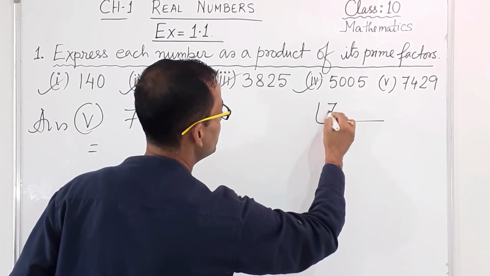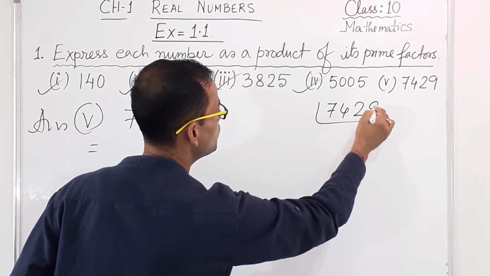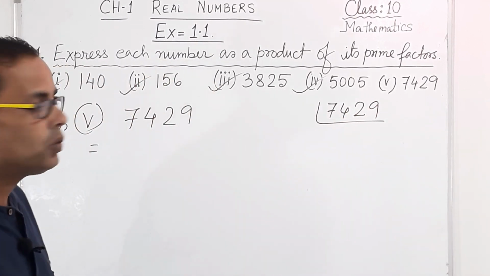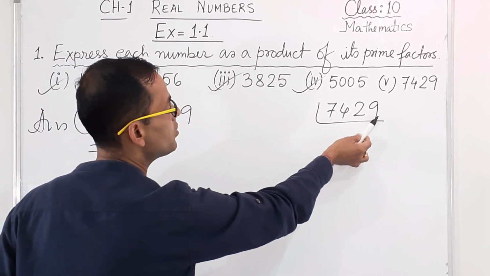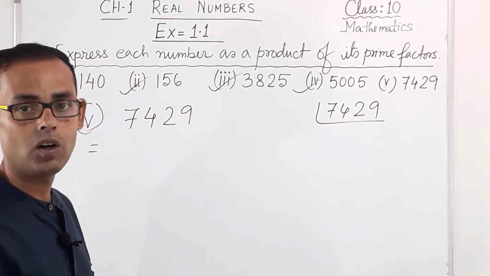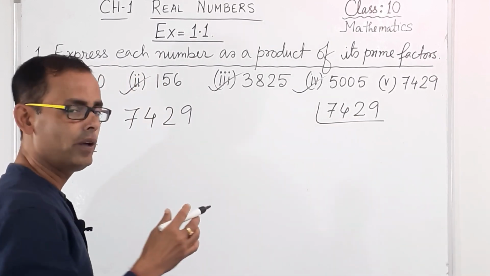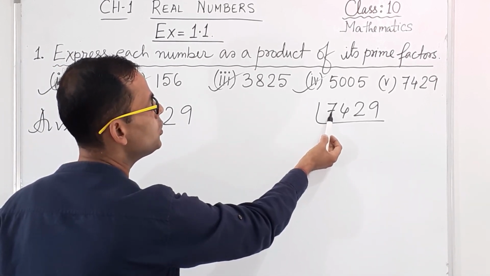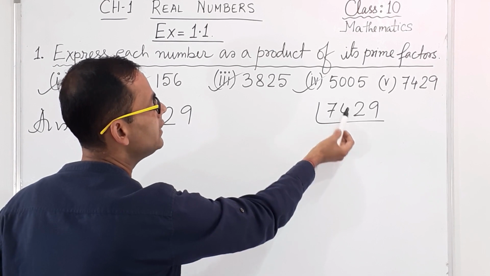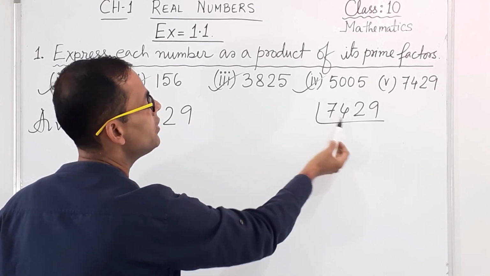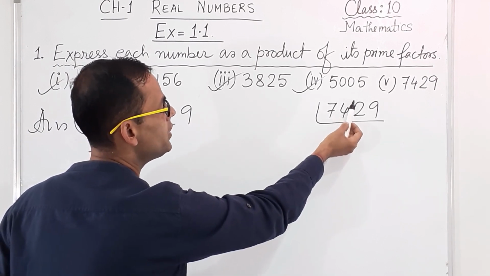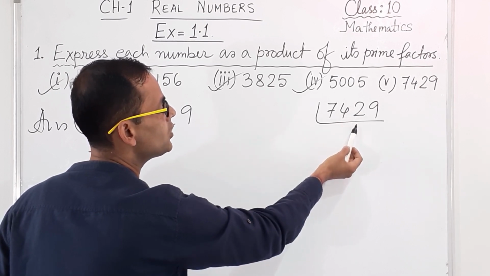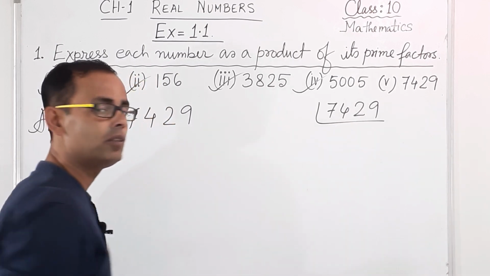So 7, 4, 2, 9. So will it go with 2? No, because 9 is an odd number. Okay. So will it go with 3? Let us try. 3 2s are 6, 1 carry. So 14, 3 4s are 12, 13, 14, 2, 22, 3 7s are 21, then 19, it will not go.